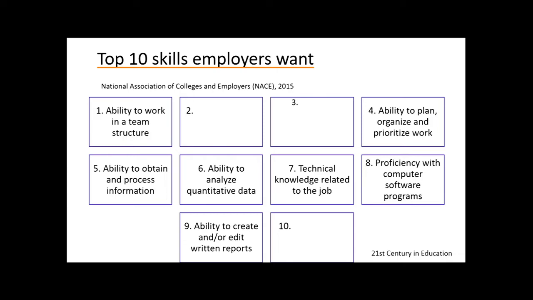When we look at the NACE results of the top 10 skills employers want from their staff, it starts with the ability to work in a team structure. But there are some missing. Could you please talk to the person next to you and try to find what these missing skills are? Are you ready?